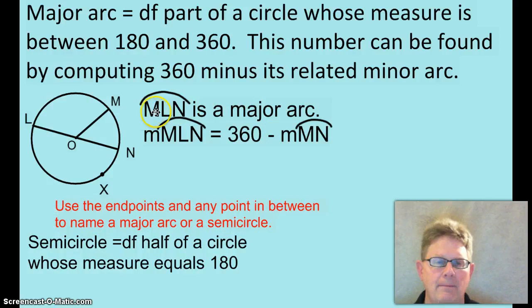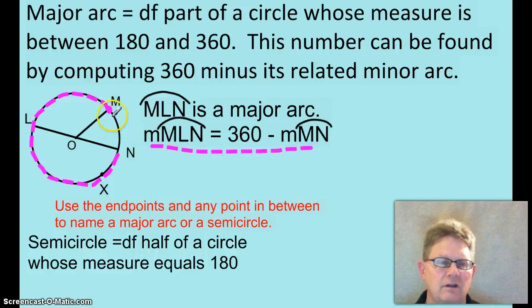So arc MLN is a major arc. Just to show you, start at M, go through L to get to N. That's major arc MLN. To find the measure of that arc, you take the measure of arc MN, that minor arc, and subtract it from 360.